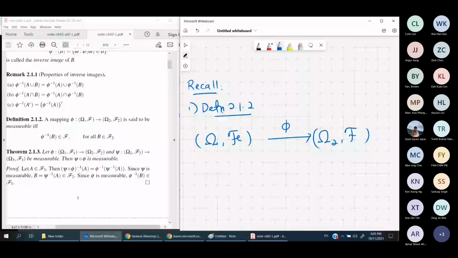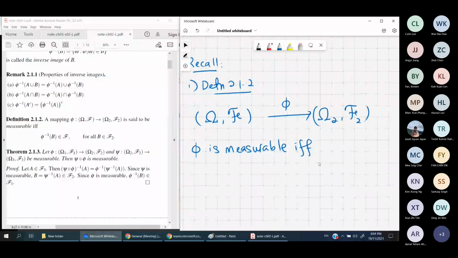So we say that this phi is measurable, provided it fulfills these conditions. So it will be a reverse process, so maybe I just put it the other way around. I hope you will agree with this approach, right?